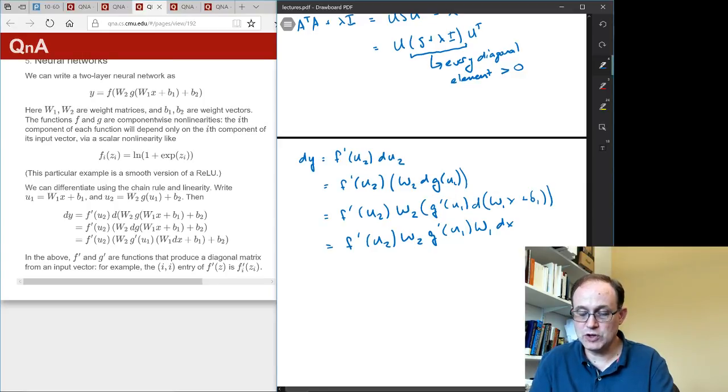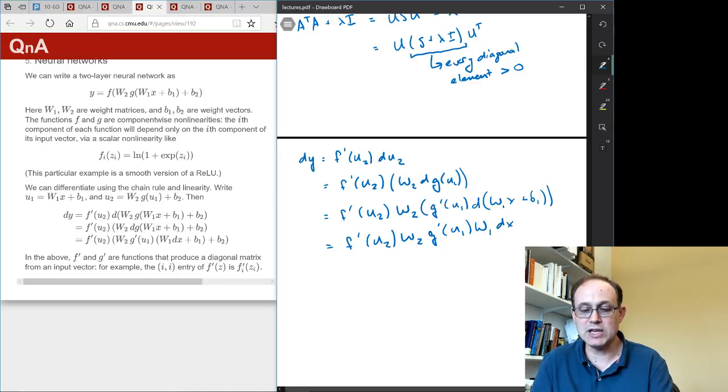G prime of u1, right, so u1 is a vector in Rm. G is a function that maps Rm to Rm, and so its derivative is an m by m matrix. It happens to be a diagonal matrix because it's a component-wise function. So G prime of u1 is an m by m matrix. We now, at this point, have a vector in Rm.